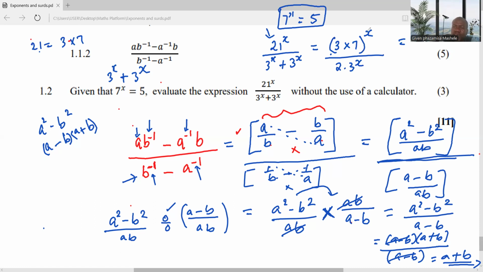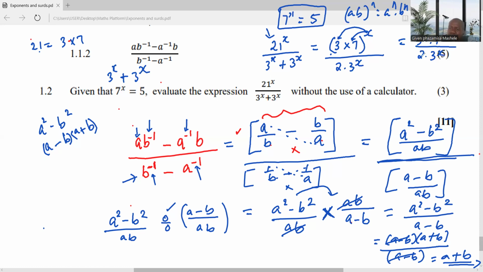Now we can expand this inside because we know a times b to the power of n is a to the power of n, b to the power of n, right? So this will be 3 to the exponent of x times 7 to the exponent of x divided by 2 times 3 to the exponent of x.